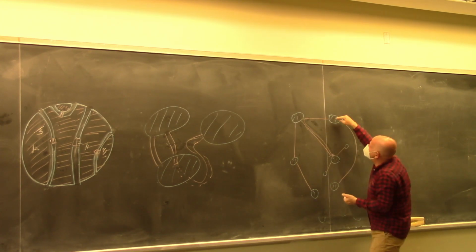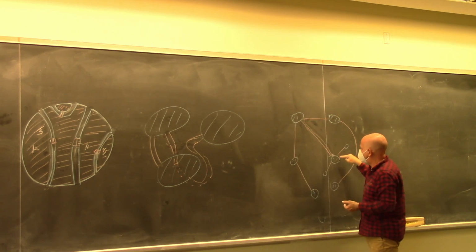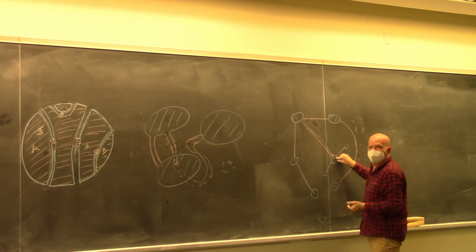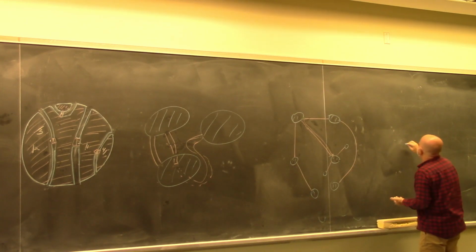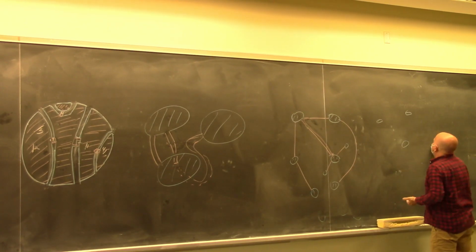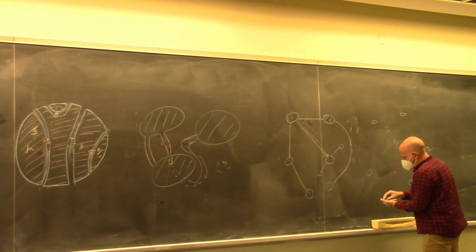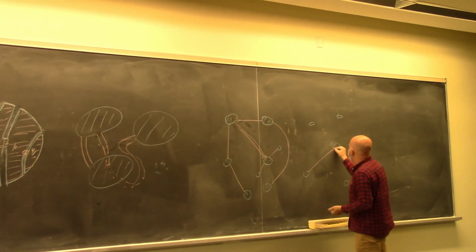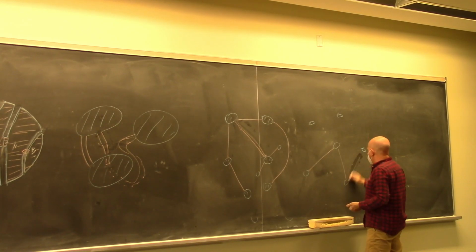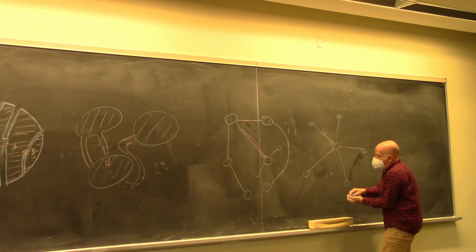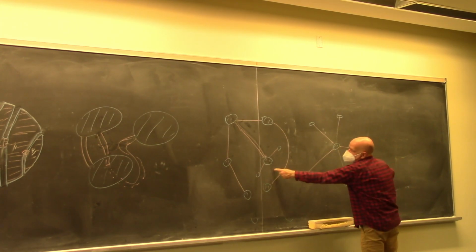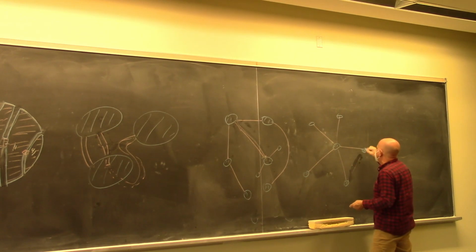you can slide all the edges to one of the vertices. So you can bring the tree to look like this: a hub and spokes. And again, the disks are the same disks that they were, so they haven't changed.